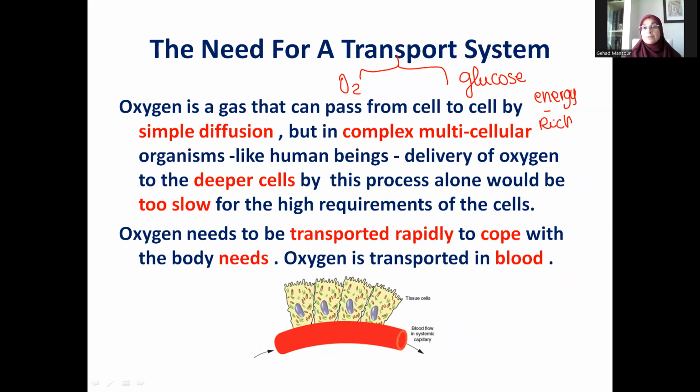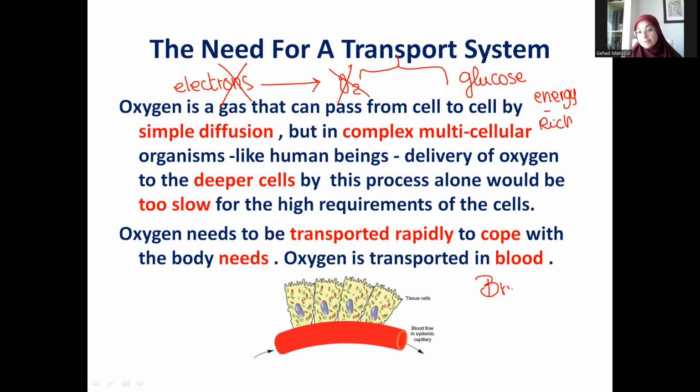Because breakdown of the glucose molecule is associated with the release of electrons, and electrons are accepted by oxygen in the mitochondrion. So if you don't have oxygen, there will be no molecule to accept the electrons that have been released from the glucose molecule upon breaking down the bonds.